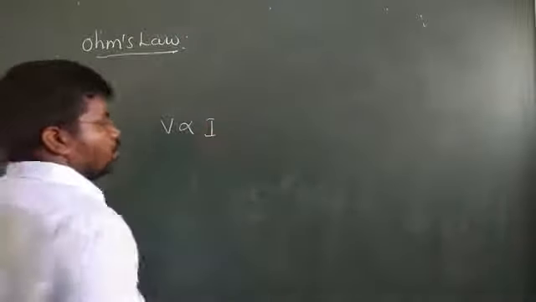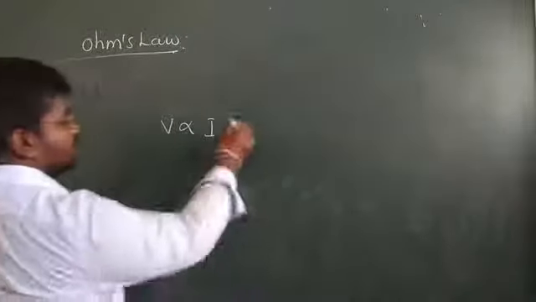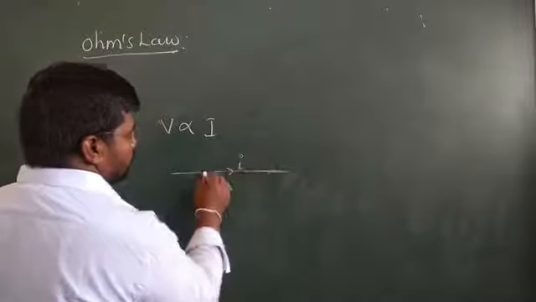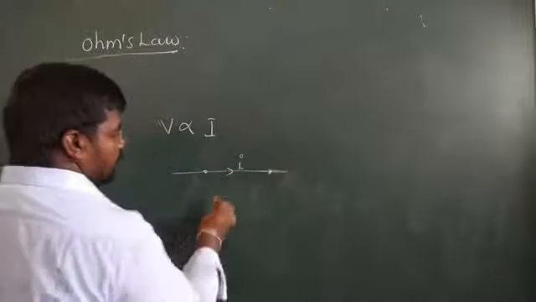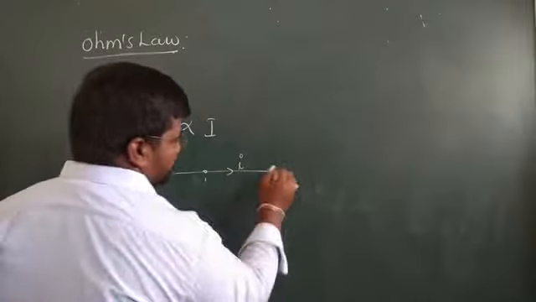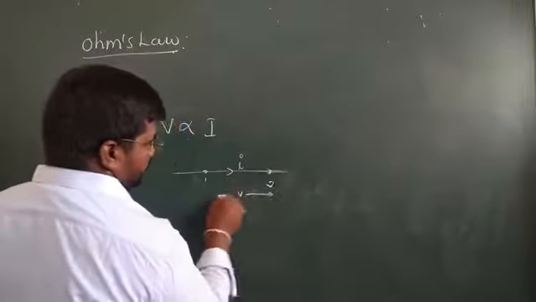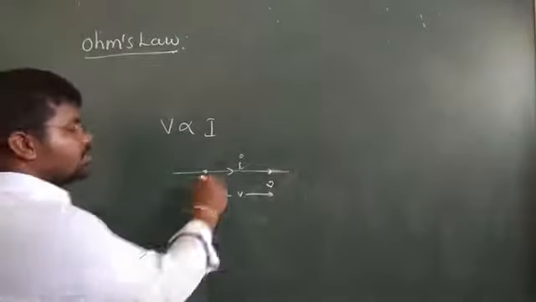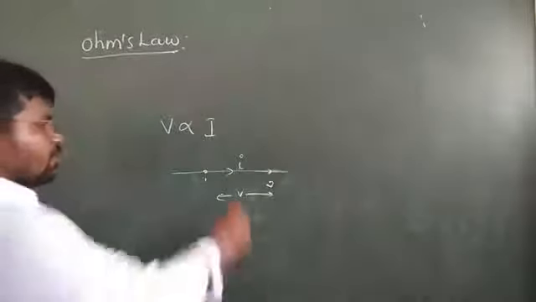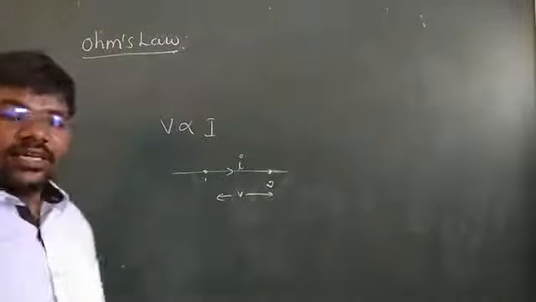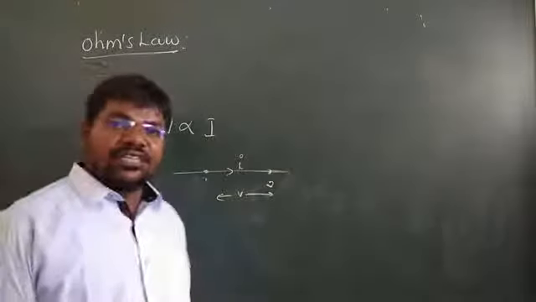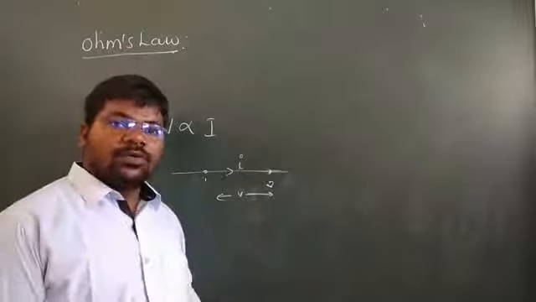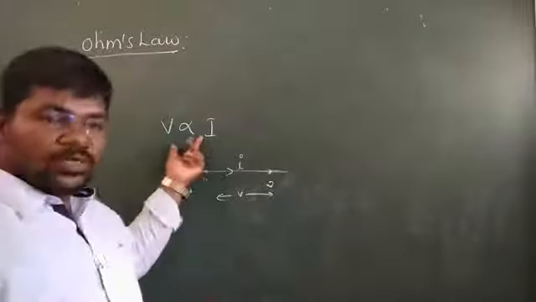For example, consider a wire in which current is flowing. Consider the potential difference between 2 points, which is directly proportional to current I. In physics, this type of relation occurs, and we have to remove this proportionality.